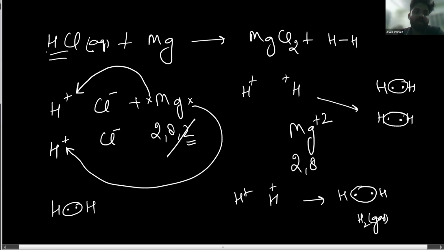The H plus ions are available in the acids, but they are without electrons. They are H plus ions, not hydrogen atoms. For forming hydrogen gas, they need electrons, so they need a metal that can easily donate its electron.